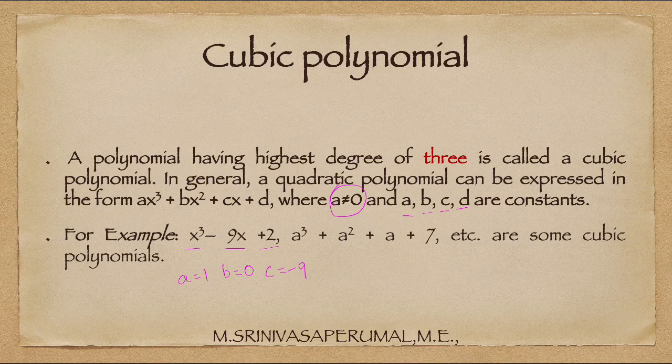Then the constant term, the d value. The same for the next one, where all terms are present. Compared to the general equation, a is equal to 1, b is equal to 1, c is equal to 1 and the constant value d is equal to 7.